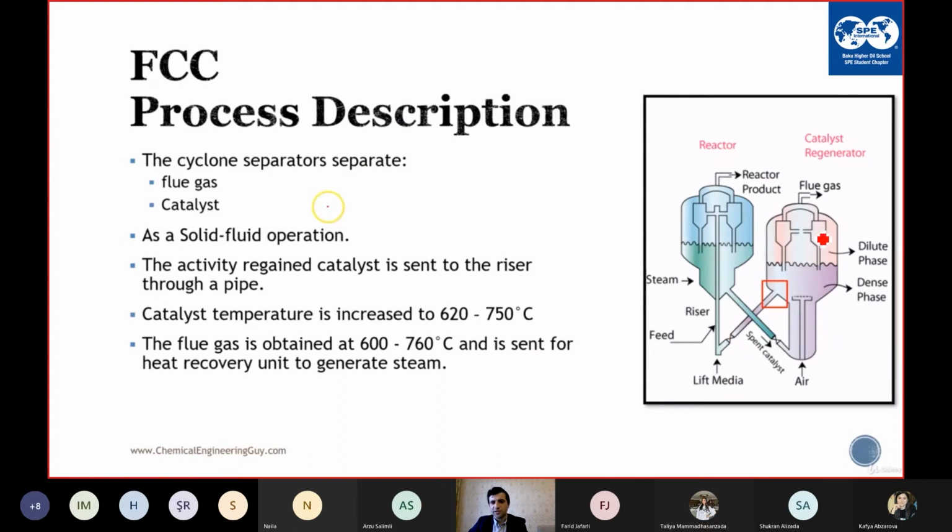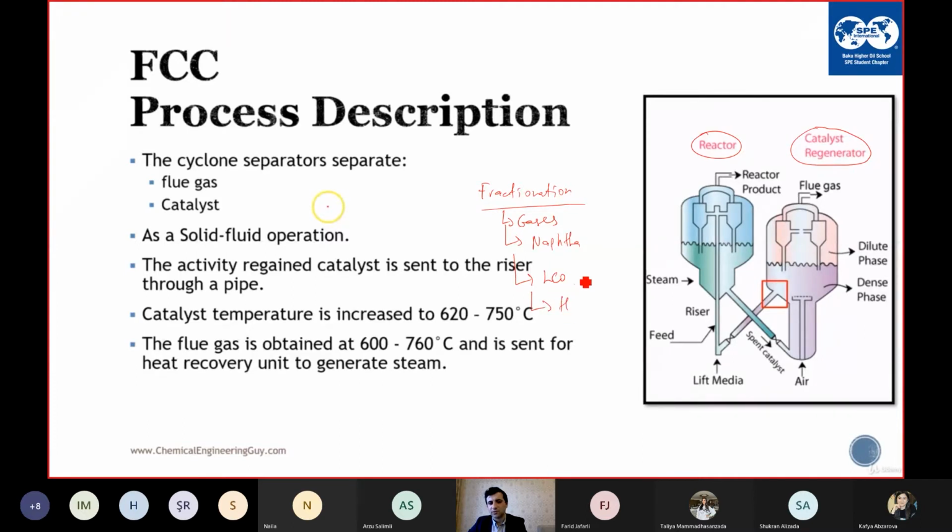Just summarizing, we have the reaction part, we have the catalyst regeneration part, which is the one column, and then we have the fractionation part, where we separate the products, which are the gases, naphtha or FCC gasoline, LCO, and HCO.